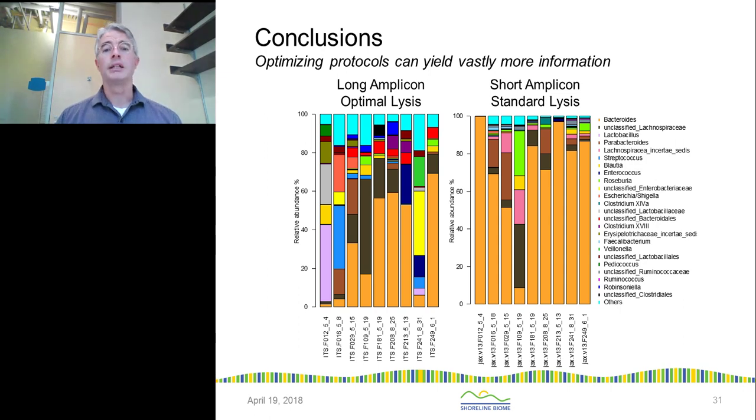But if you combine the optimized lysis and you've got a long amplicon and you've got a good database, you can take a look at sample number 1 on the left with the long amplicon and the optimal lysis, and you can see that that's far more interesting than it first appeared. There's actually very little of that sort of gold boring Bacteroides in there, and it's mostly made up of other organisms that would be extraordinarily interesting to track down.